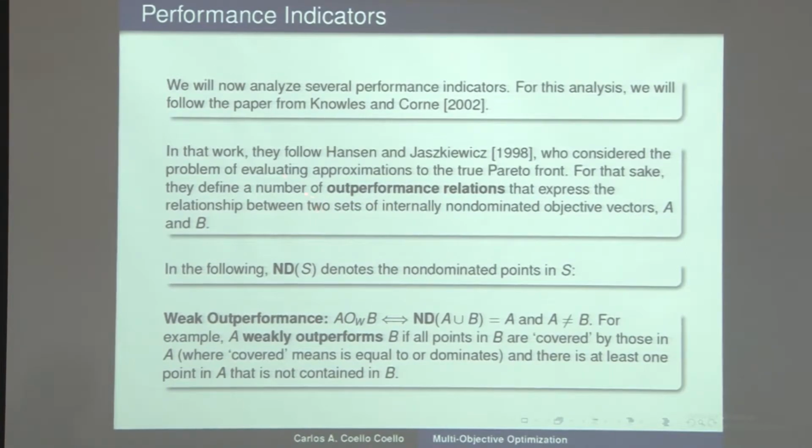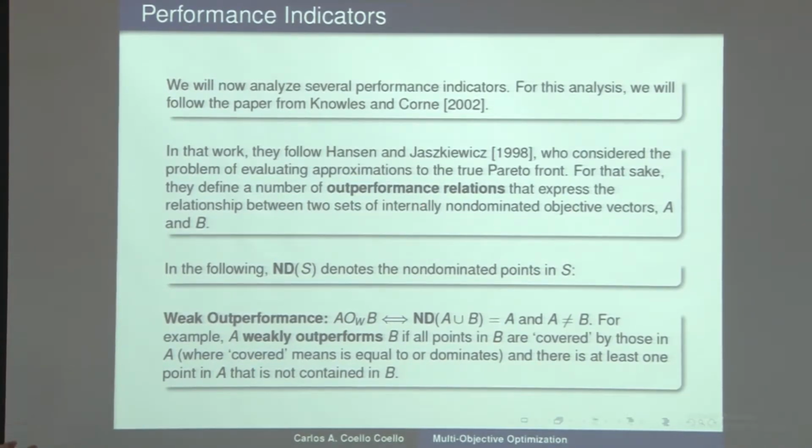Joshua, in his paper, follows the work of Hansen and Jaszkiewicz from '98, who consider the problem of evaluating approximations to the true Pareto Front. And for doing that, they define some outperformance relations. These outperformance relations express the relationship between two sets of internally non-dominated objective vectors.